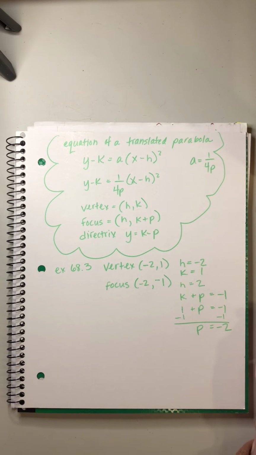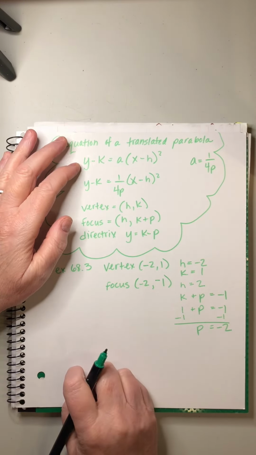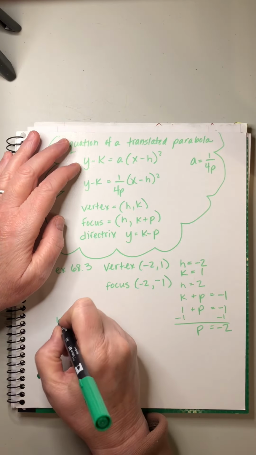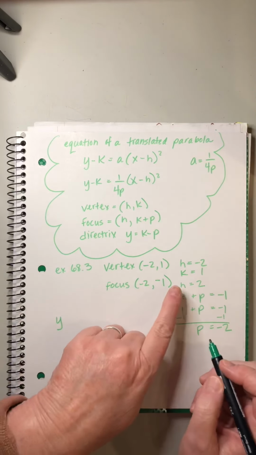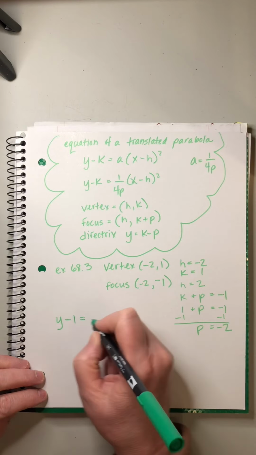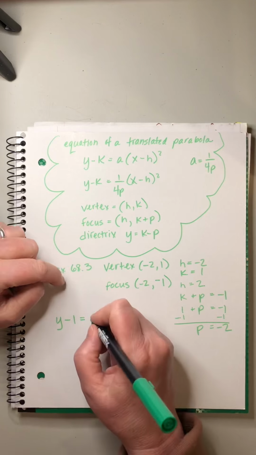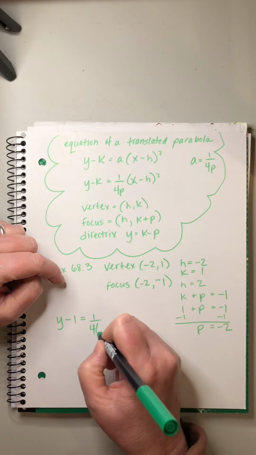I can now write the equation of the whole thing. And that will be y minus k equals a, which is 1 over 4 times p, so 1 over 4 times -2.